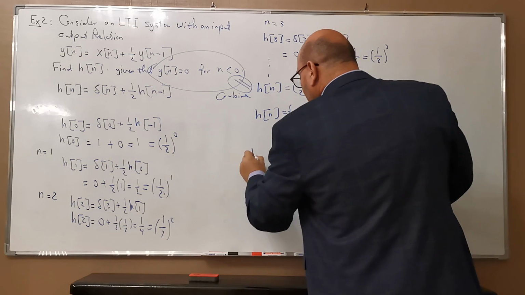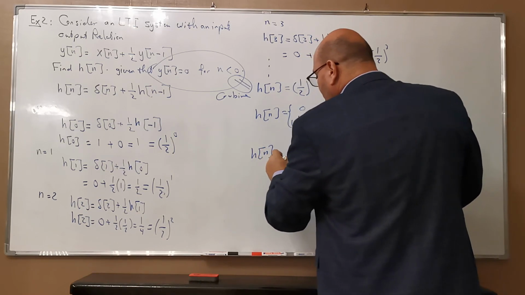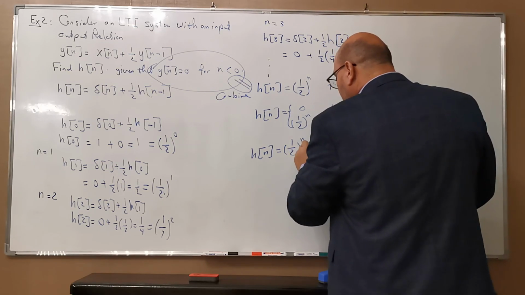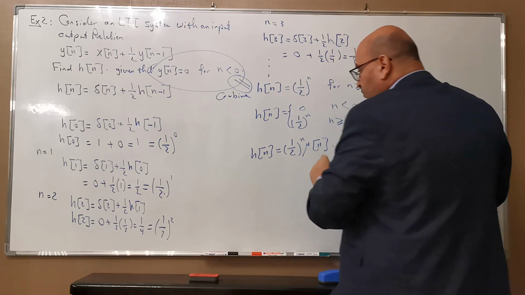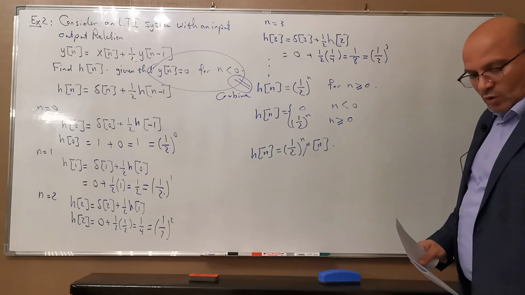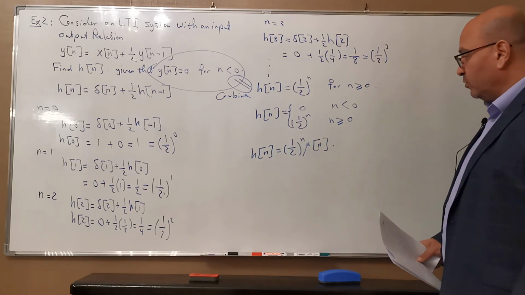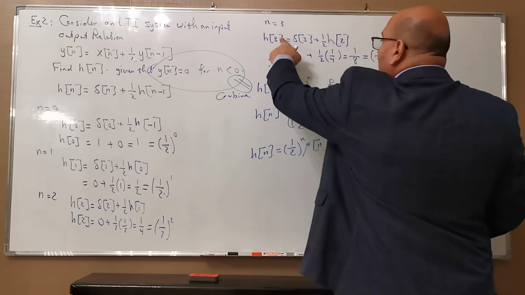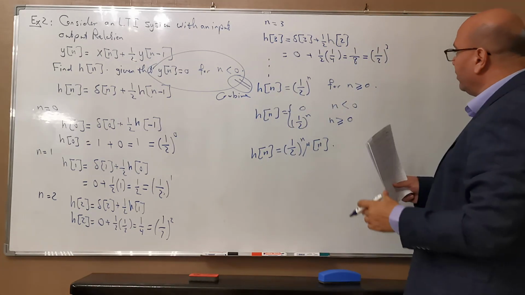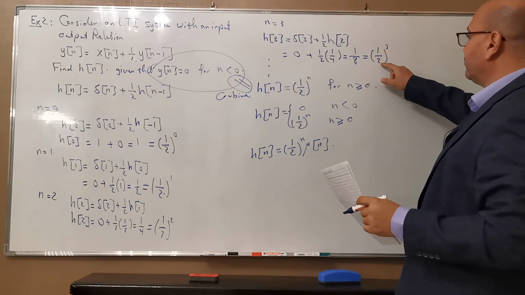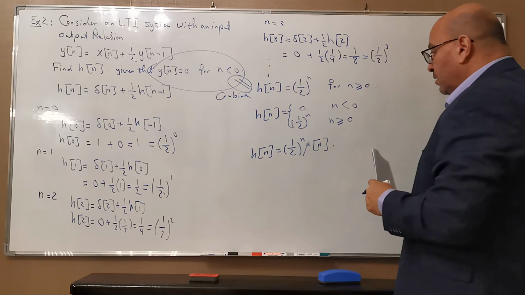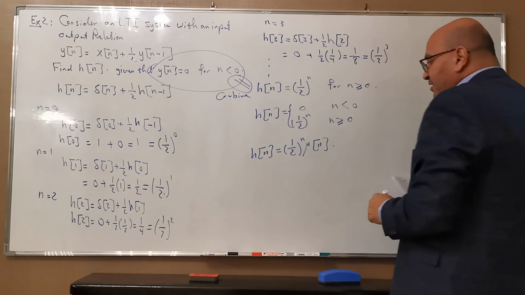And this can be done in one statement using the unit step. We can say that this is 1/2 to the power n mu of n. Okay? And you can see here that this h of n will continue until infinity. Although it is decreasing, 1/2 to the power n is decreasing at the end, it has an infinite impulse response.